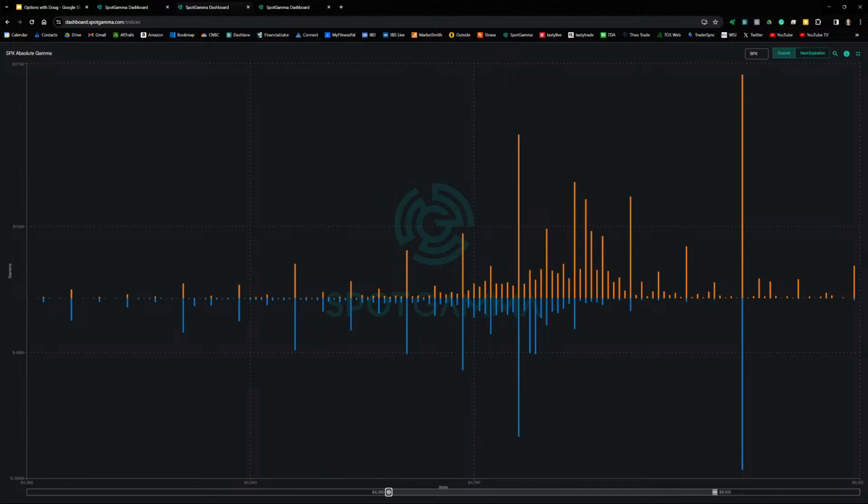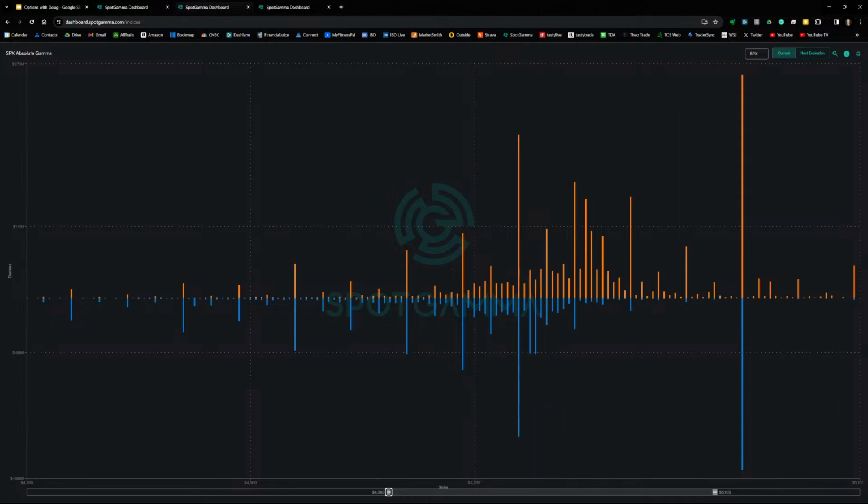The blue bar is showing negative gamma or put gamma. So here's that 5,000 level. That's pretty obvious. That's the absolute gamma strike, the strike with the largest absolute positive and negative gamma. And also the 4,800 level is very significant. SpotGamma is looking at that level to act as support now. It was resistance for quite a while, and now potentially should act as support.